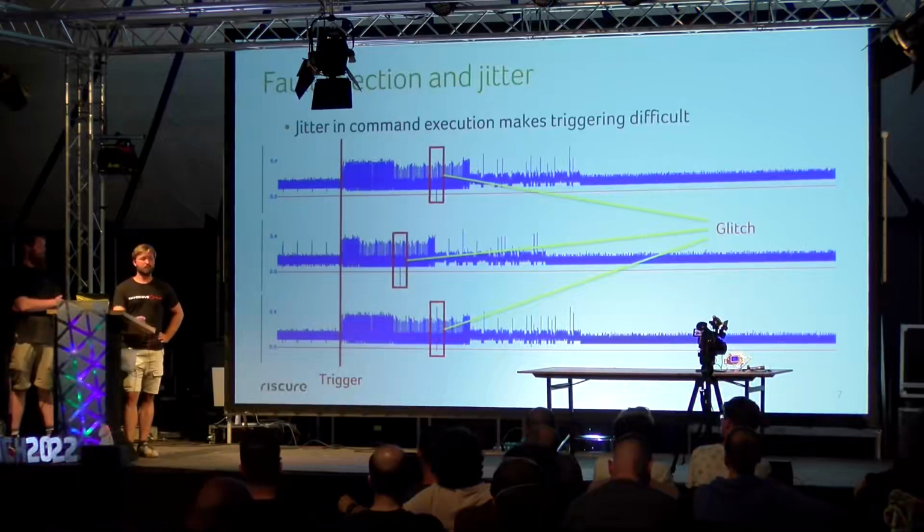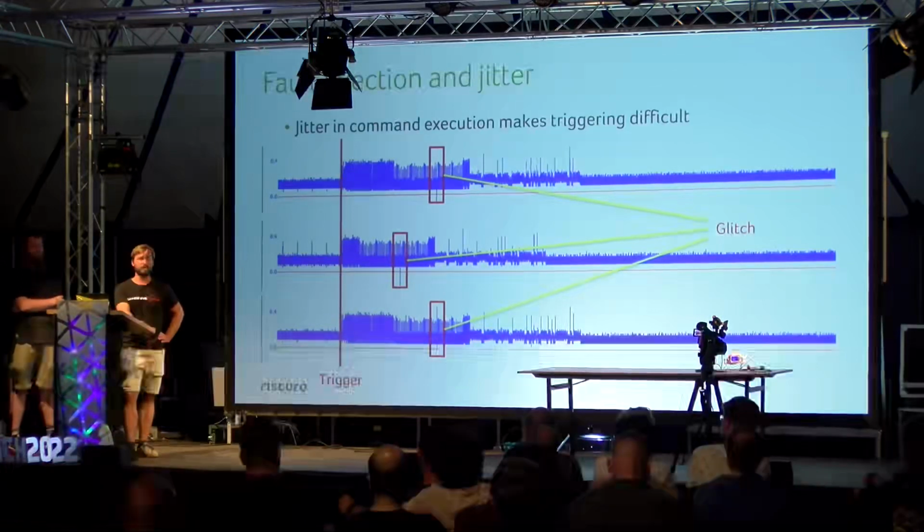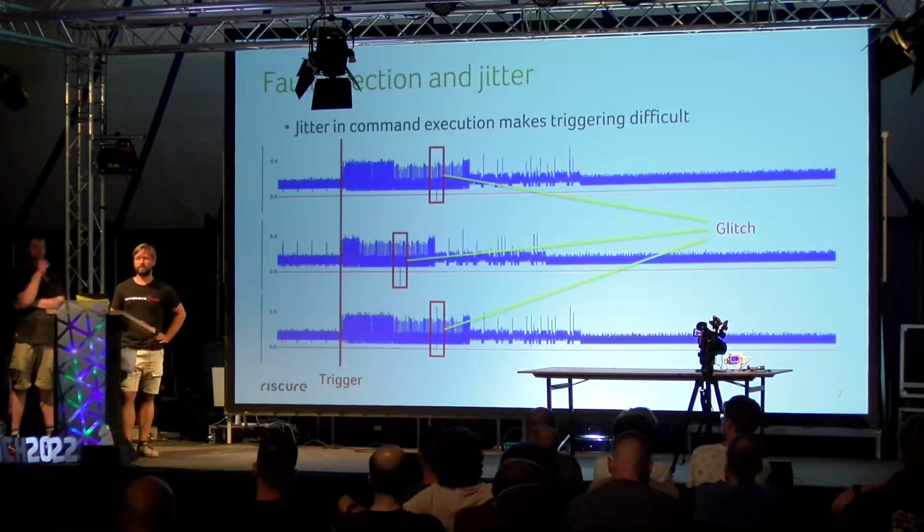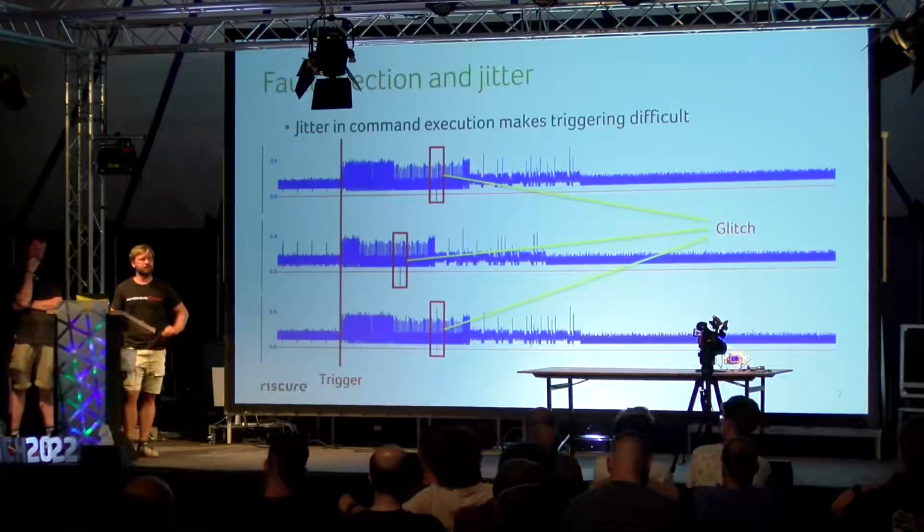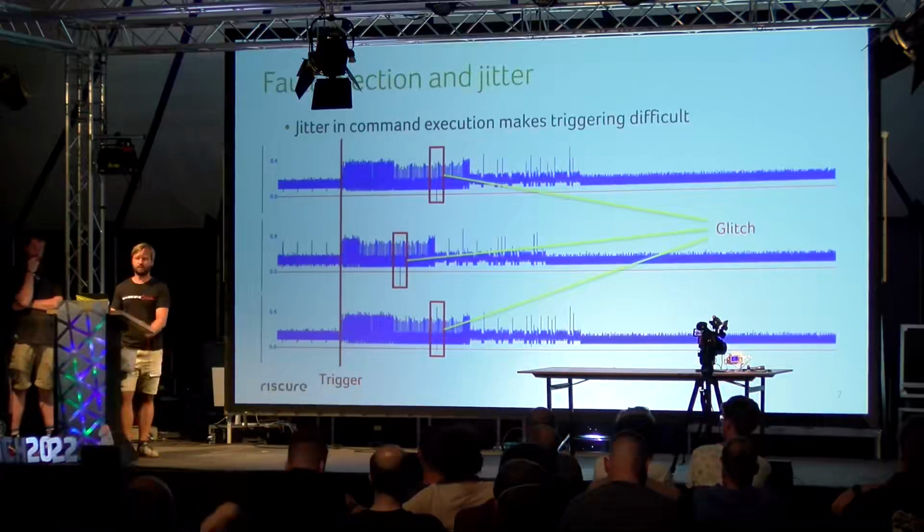And the second problem: there's also quite a bit of jitter on targets. Your clocks are not perfect. When it's 8 megahertz, it's never exactly 8 megahertz. It floats, temperature changes, so you will always fluctuate around. For that reason, fault injection is very rarely 100% successful.